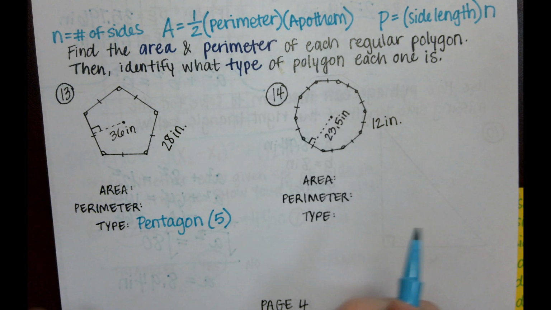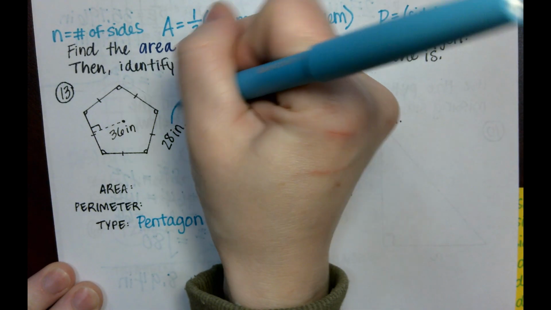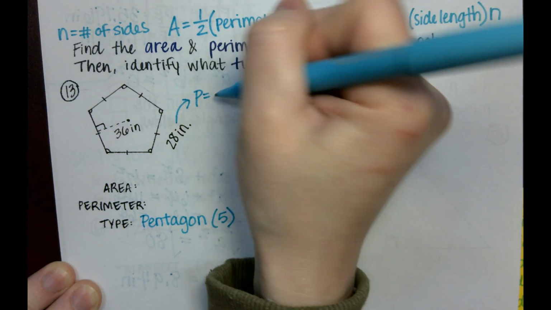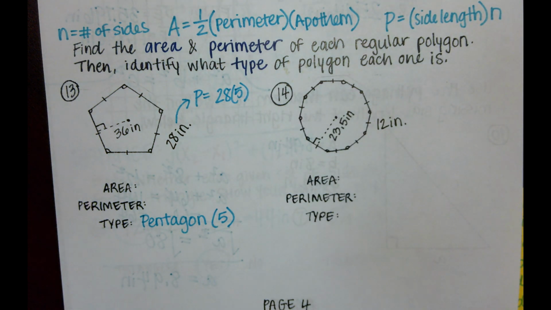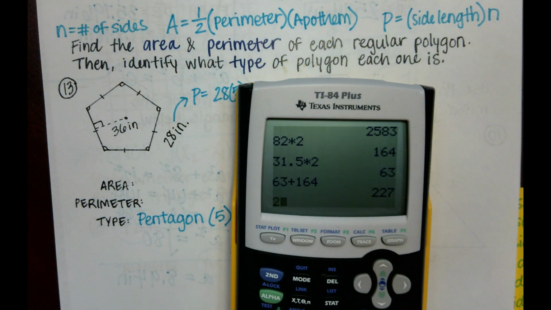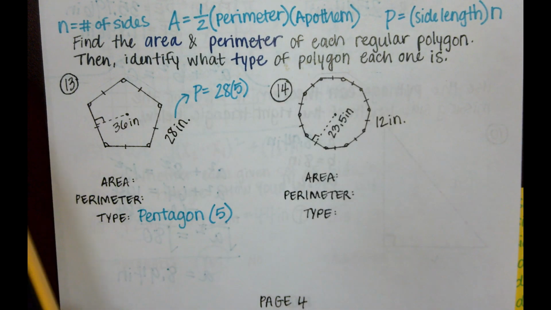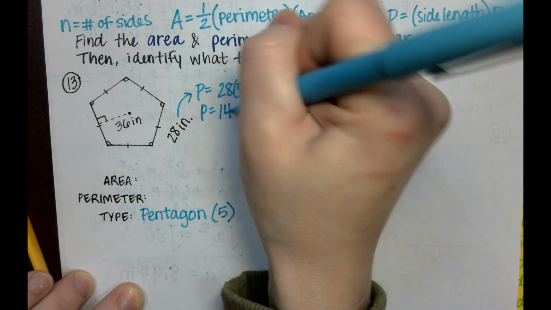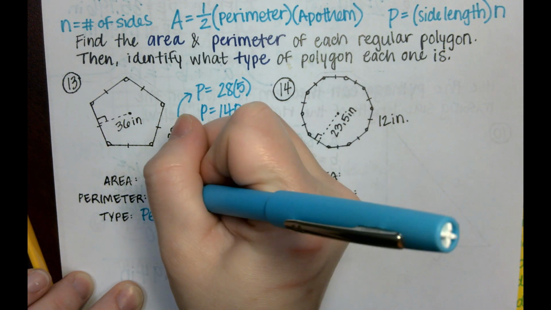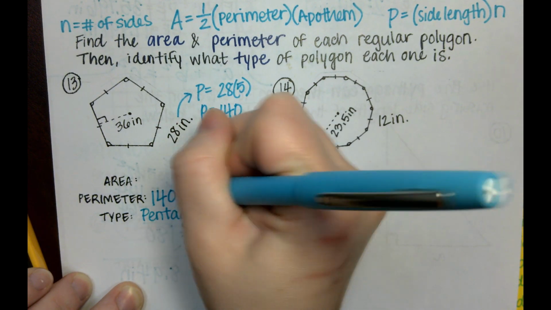You do 28 times 5. Perfect. So perimeter is 28 times 5, and I got 140. Did you get the same thing?